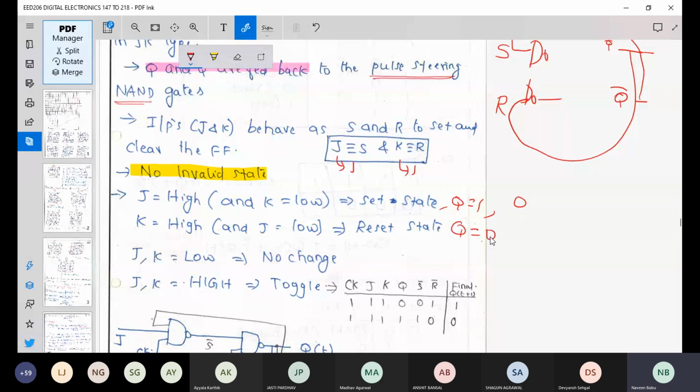When both are low, they will follow the SR flip-flop only, right? There will be no change. Now comes the last case. When J and K both are high, which means equivalently S and R both are high, 1 and 1.